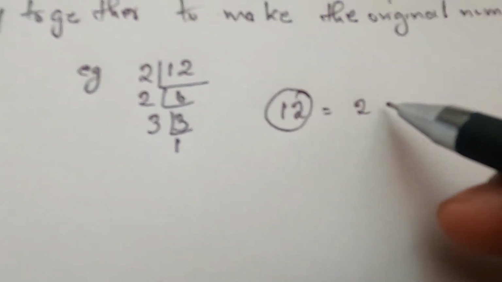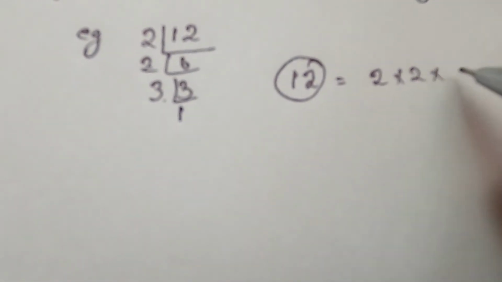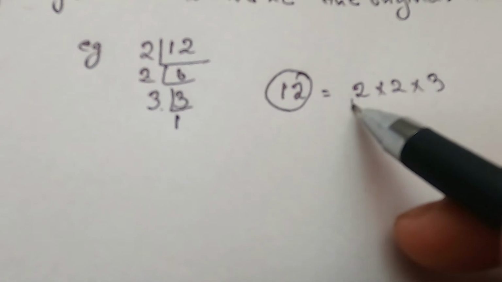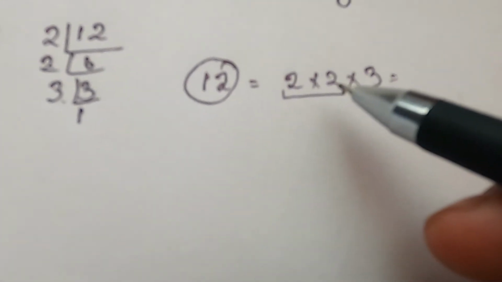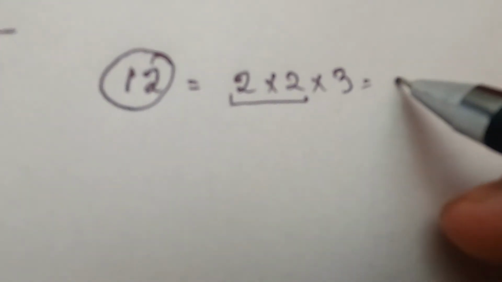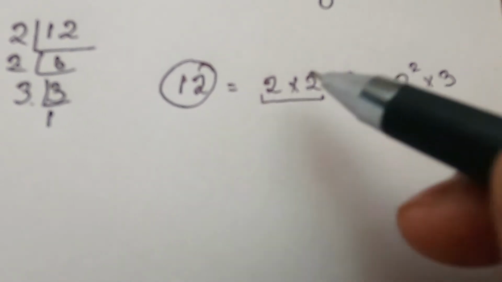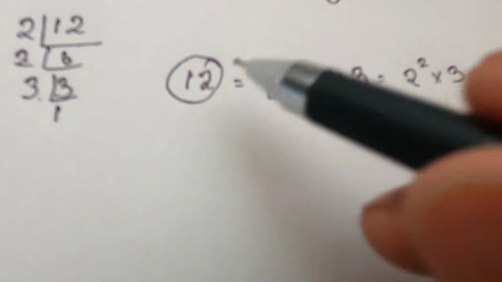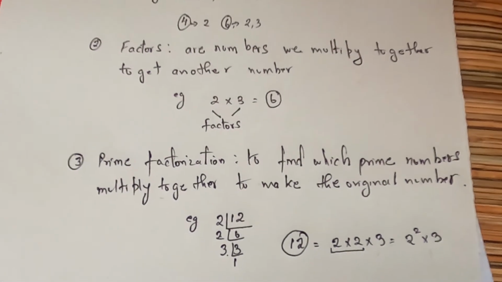It will be 2 into 2 into 3. We can also write it in exponential form: 2 to the power 2 into 3. So these are the factors which make the original number. That is all about the prime factorization method.